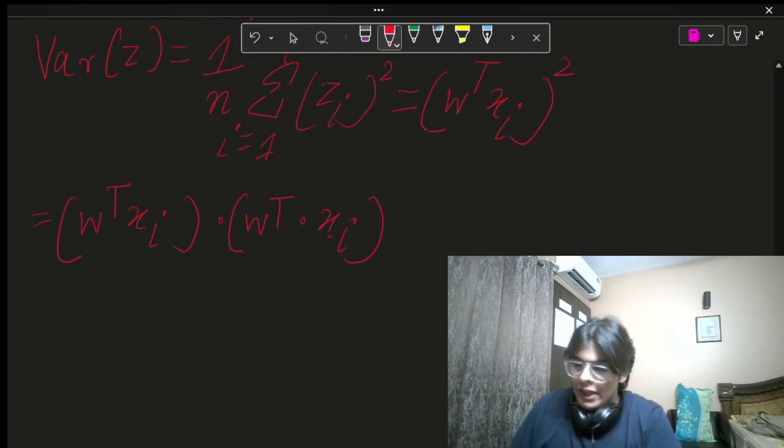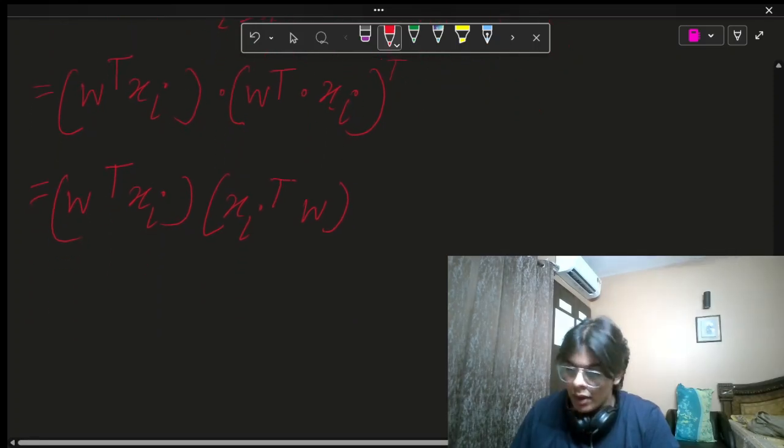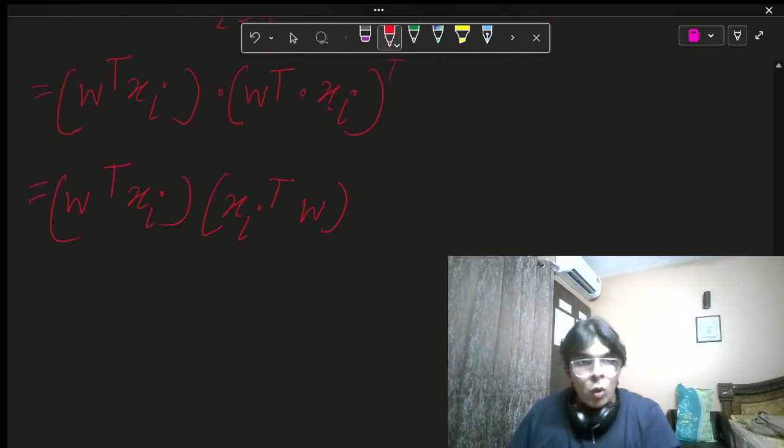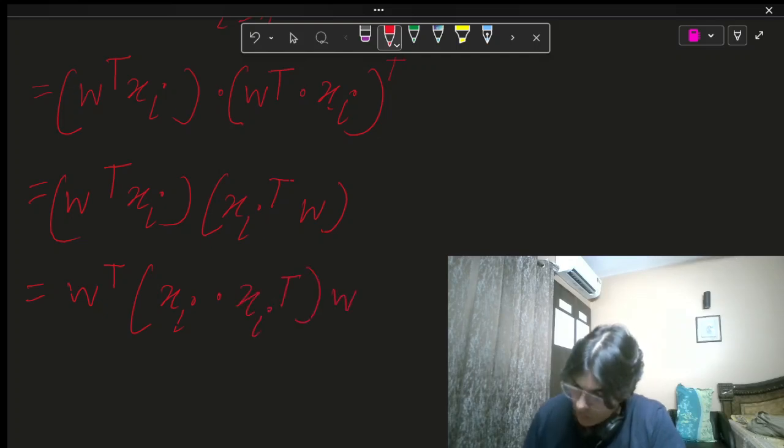Now, applying basic linear algebra on this, if I take the transpose of this right here, I can write it as wt xi multiplied by xi t w. Okay, simple as that. And when I eventually try to open this up, I can now write wt, I can take xi and xit together in the bracket, and I can keep w as separate. Okay, this is what I can get.